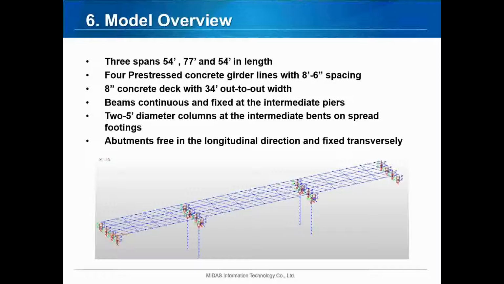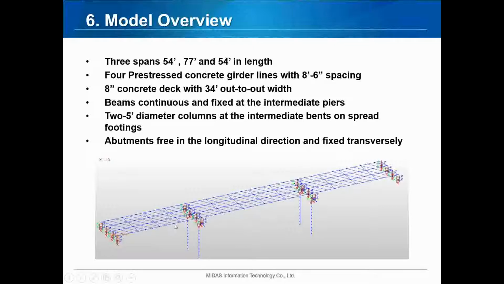I guess so to get started with our model here, as you can see, we have a 3-span structure. The end spans are 54 feet in length, with the middle being 77 feet in length. And we have 4 pre-stressed concrete girders with a spacing of 8 foot 6 inches.